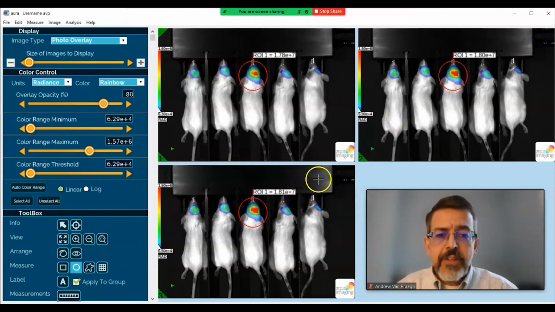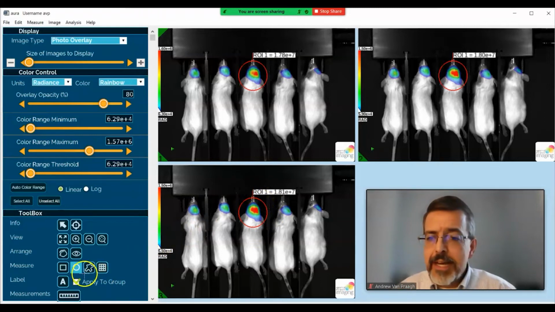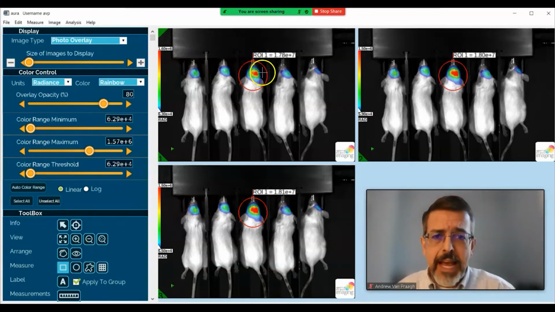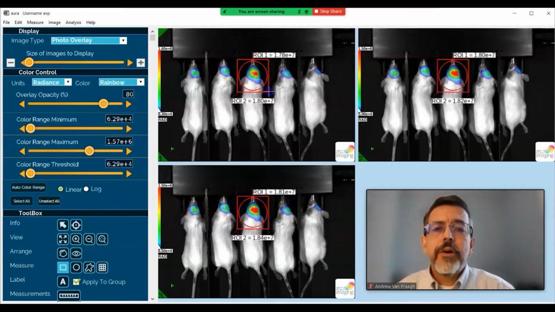Okay, so let's say in a scenario we have an investigator that uses an elliptical ROI to do their analysis, and they have a colleague that happens to go ahead and use rectangular ROIs to do their analyses, and they're in the same lab and they're doing their images side by side. And so this is how investigator 2 would go ahead and draw their ROI.